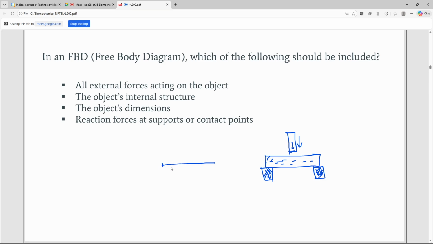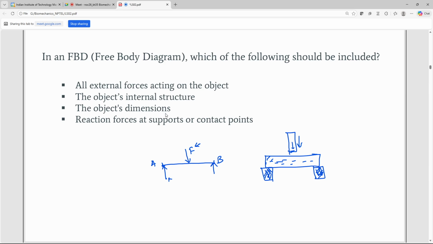So suppose these two ends are A and B. What's the distance from A or B at which the force F is acting, and also where the supports are being given. So this is a simple free body diagram for this particular scenario. Here you can see I have only taken the external force acting and also the reaction forces at the support or the contact points.